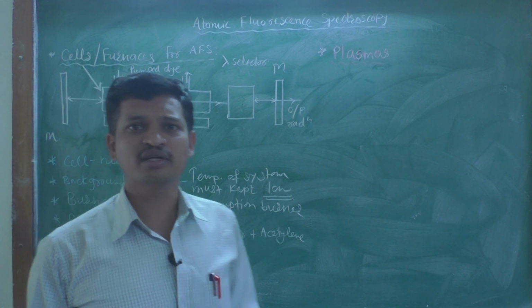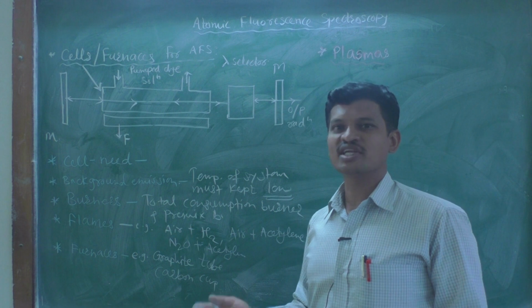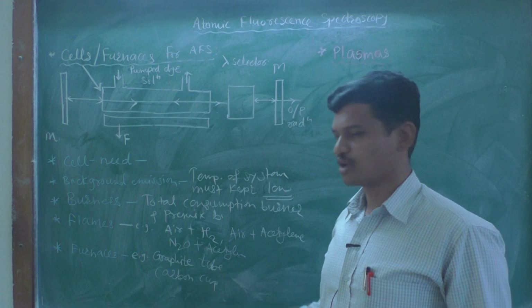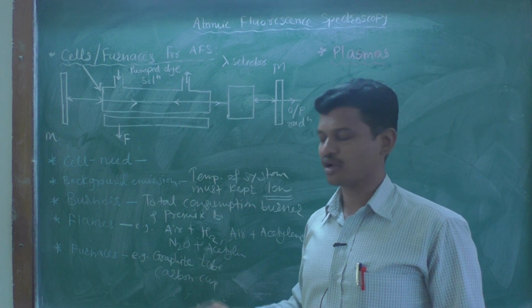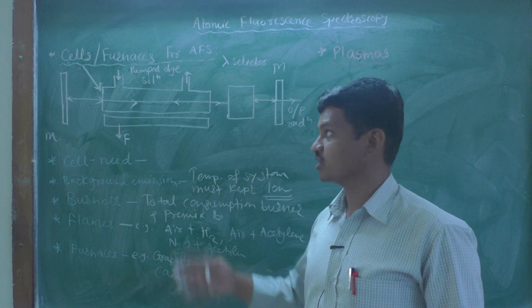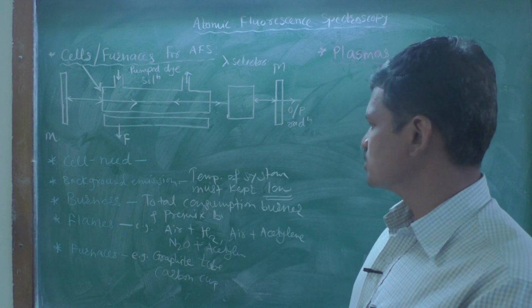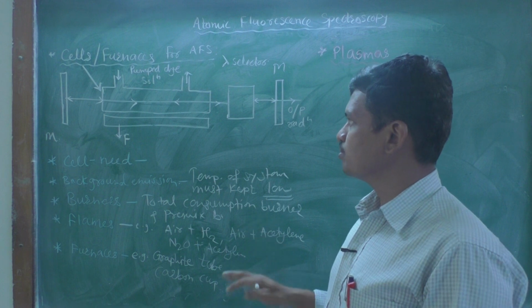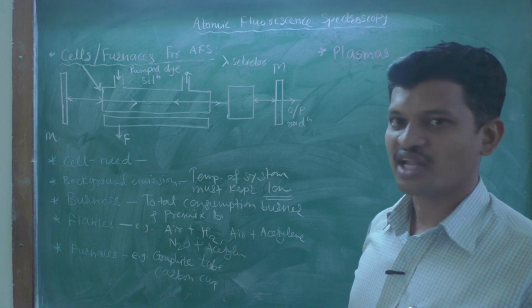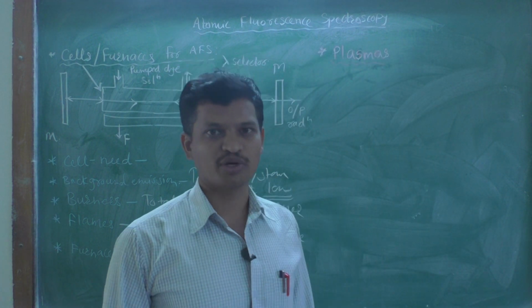In modern instruments, different variations can be observed for these carbon cup furnaces or cells for AFS. So this is all about the cells or furnaces used in atomic fluorescence spectrometers.